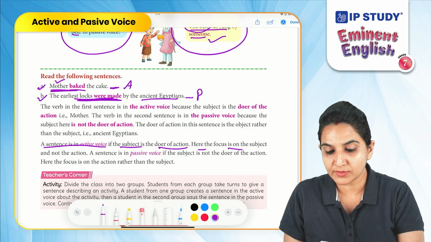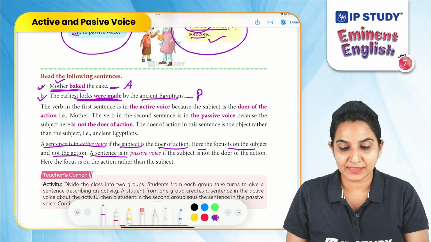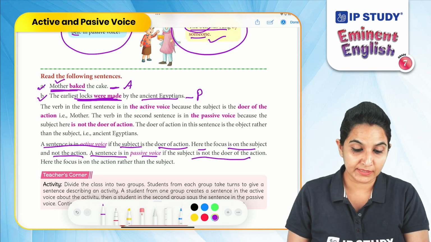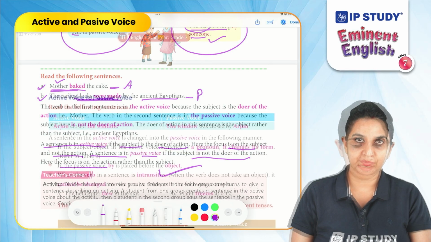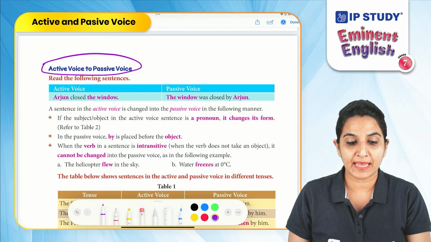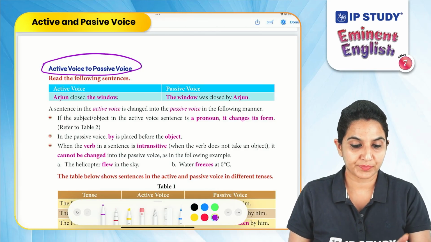Here, the focus is on the subject and not the action. A sentence is in passive voice if the subject is not the doer of the action. Here, the focus is on the action rather than the subject. Let us discuss and study some more examples and understand how to convert active voice into passive voice.